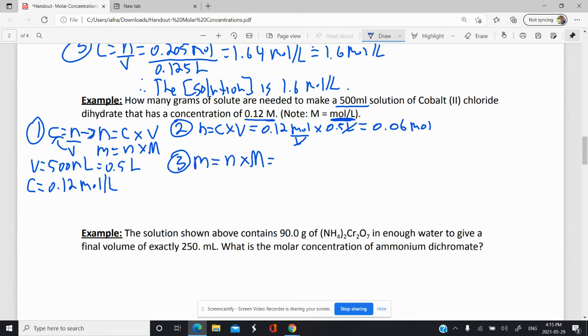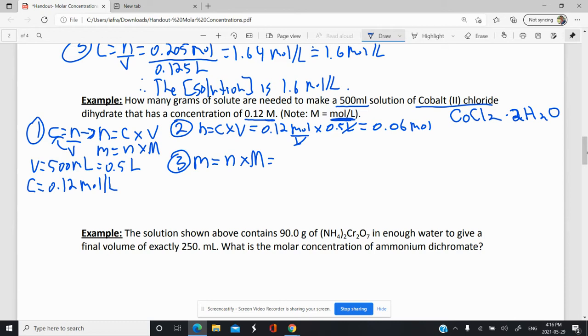Now our step three is to do the mass is equal to moles times the molar mass. It is important you know the molar mass. So we have cobalt(II) chloride dihydrate, CoCl2 with 2 H2Os there. So let's go ahead and find the molar mass of this.